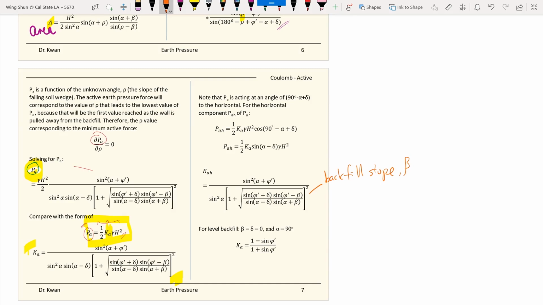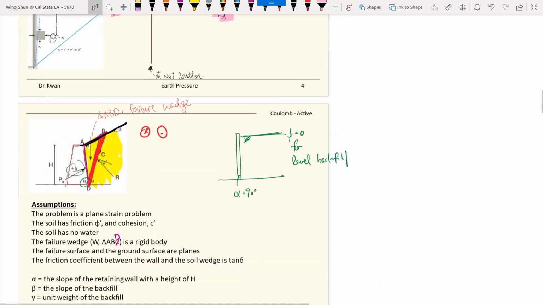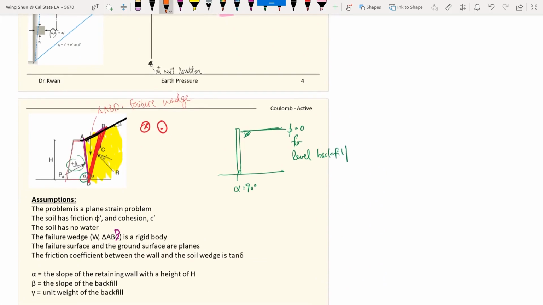If we further simplify it, for example, we have a level backfill, and we assume the interaction angle delta is equal to 0, which means a horizontal force.